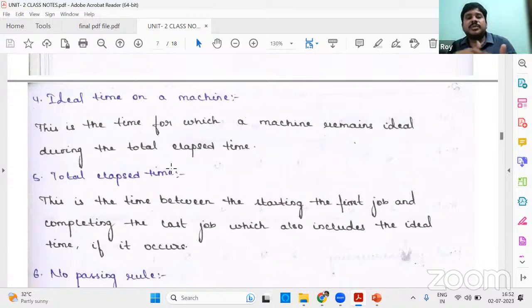Now, what is the idle time on machine C? 8 minutes, 5 plus 3. Total elapsed time means the total time to complete all the jobs on all the machines, including the idle time, if it occurs.